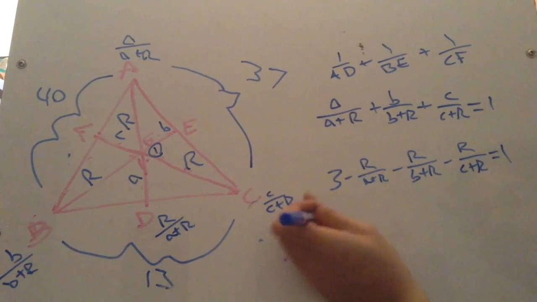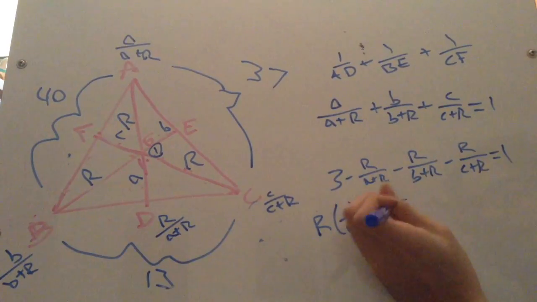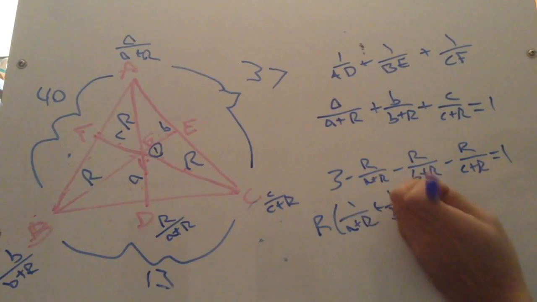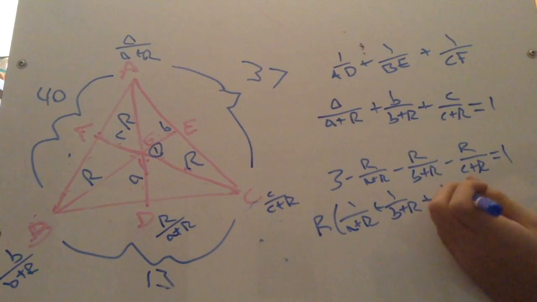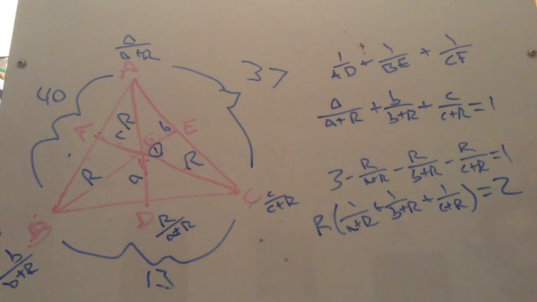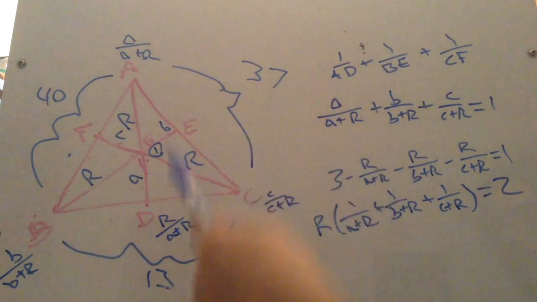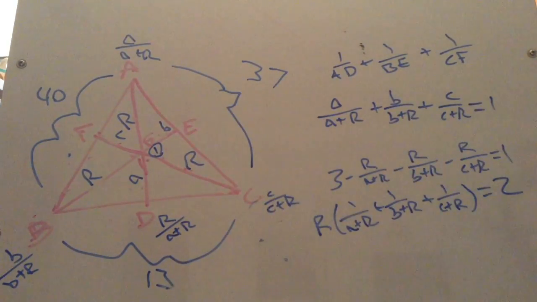We move things around and we get R times 1 over a plus R plus 1 over b plus R plus 1 over c plus R is equal to 3 minus 1, which is 2. And so we now know what we need to find, because 1 over a plus R plus 1 over b plus R plus 1 over c plus R is 1 over AD plus 1 over BE plus 1 over CF, which is what we're looking for.